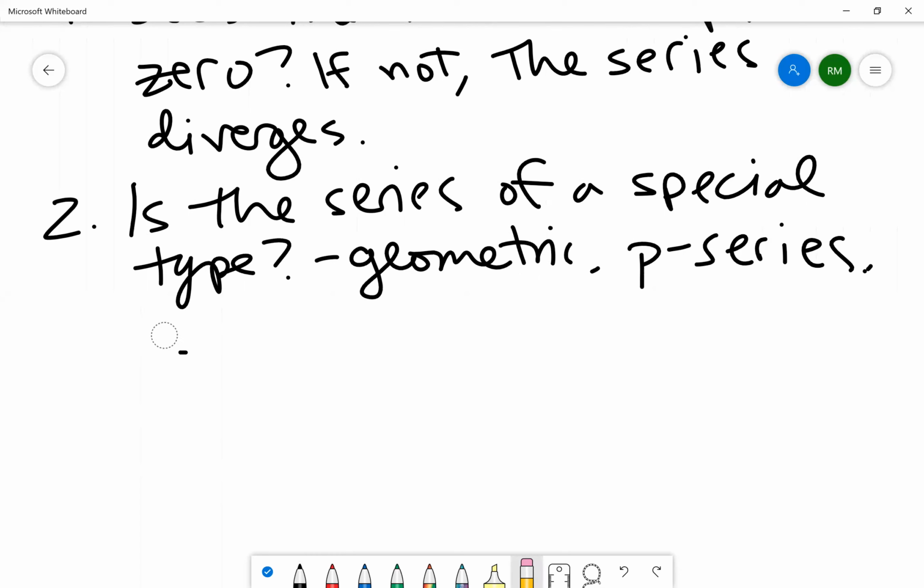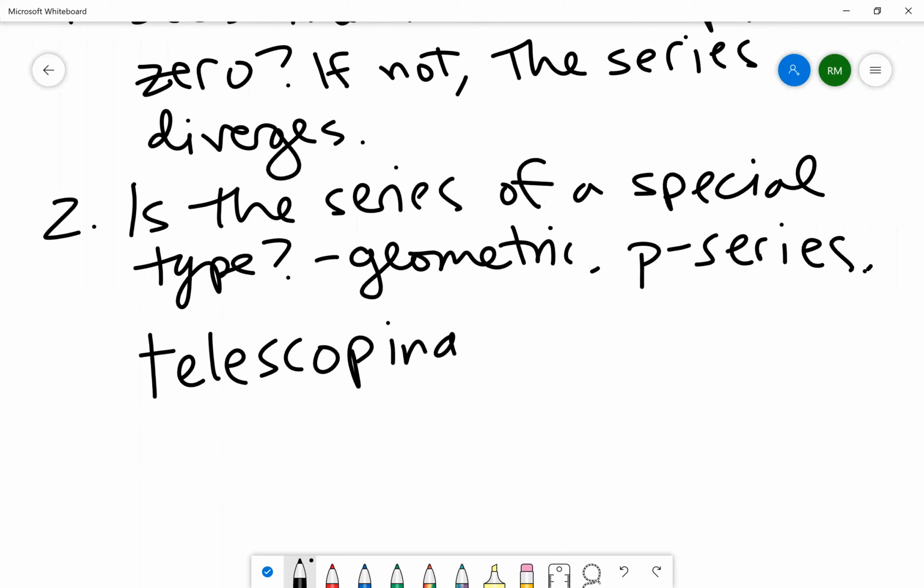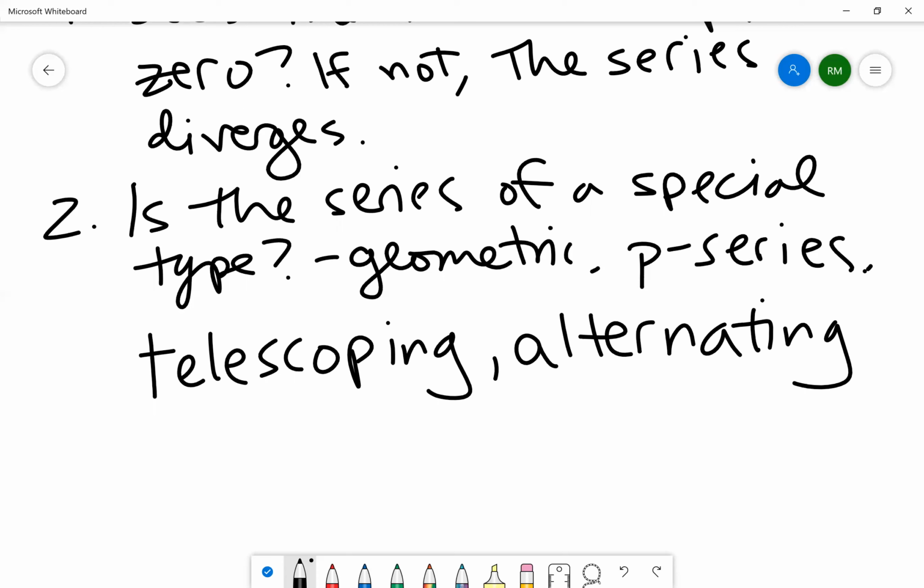And you've learned alternating. These are all special series that follow particular patterns. You'll just have to know what a geometric series looks like, what a p-series looks like, what a telescoping series looks like, and an alternating series is pretty clear.